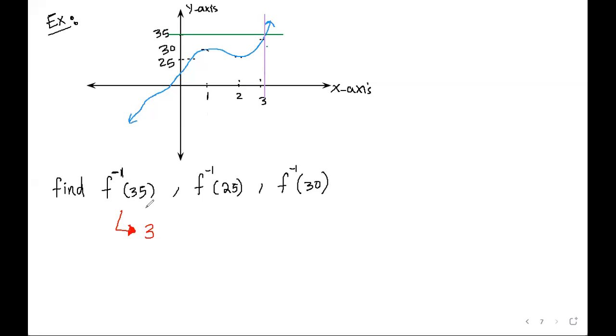Who will do the second one? Same idea exactly. What is f inverse of 25? Draw a horizontal line at 25. Here's 25. You see where this line intersects the curve at this point.